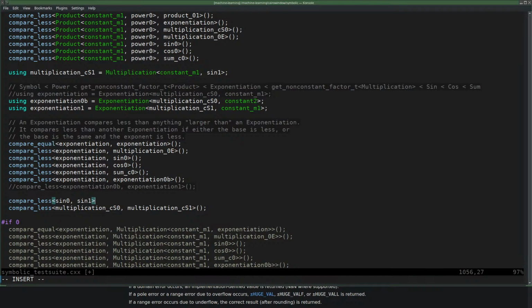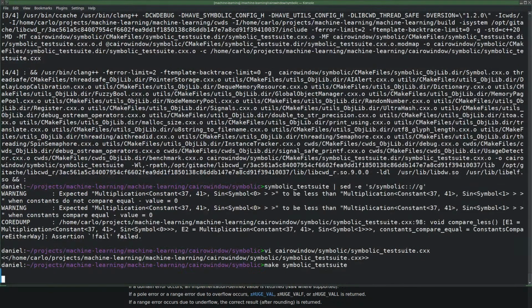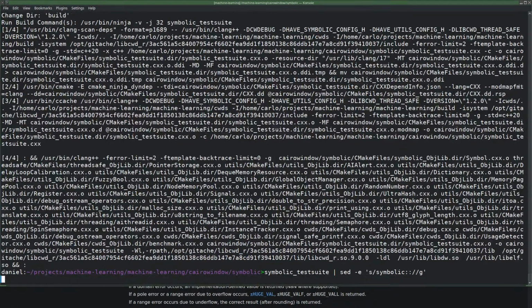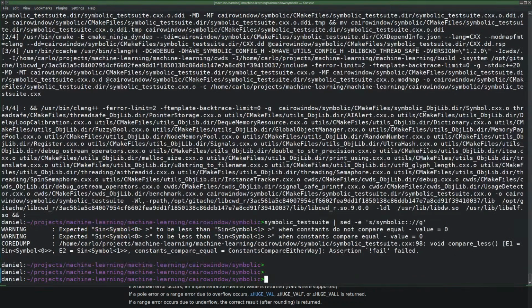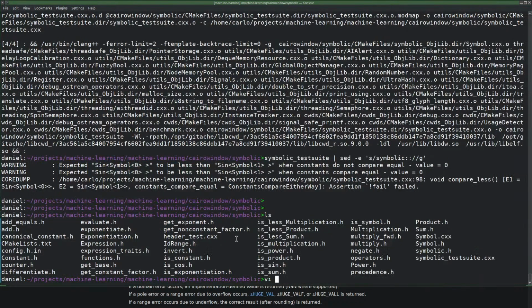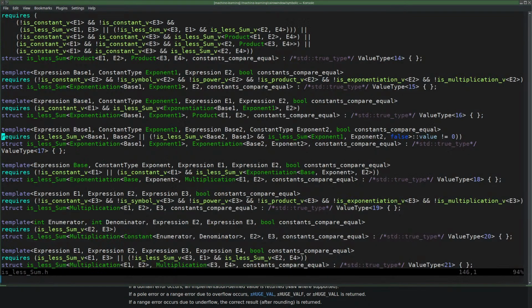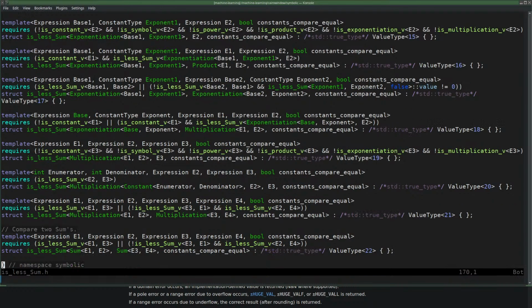Or does it? That is the problem. The sign is not comparing less. Okay, so now we can know what we have to look for. I never even added that. It's just completely missing from the equation.